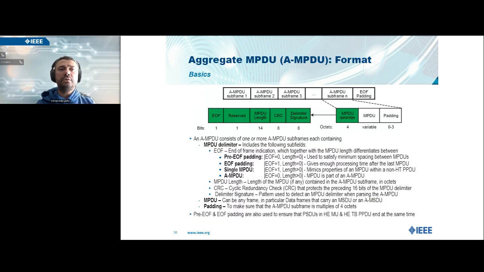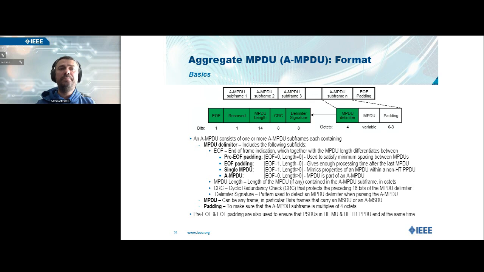Given that we're going to discuss the aggregate MPDU to a greater extent, we're providing here the format of the A-MPDU. It consists of multiple A-MPDU subframes, and at the end, it has an end-of-frame padding. Each A-MPDU subframe is preceded by an MPDU delimiter, which contains information relevant to that particular MPDU. So you have the MPDU length itself.